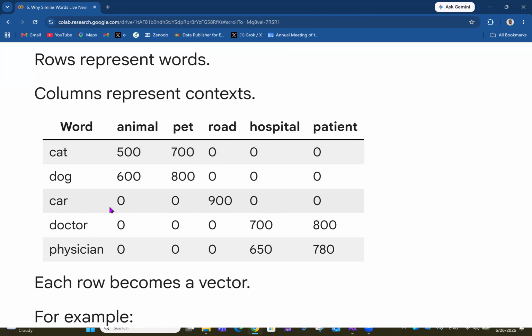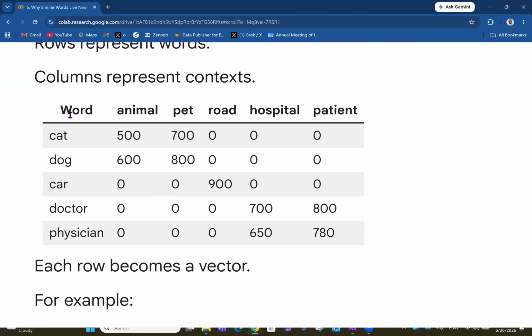Then you have car: not an animal, not a pet, but it can go on the road, with no hospital or patient context. For doctor: no animal, no pet, no road, but you have them in hospitals, attending to patients, and physician is about the same thing. Each row then becomes a vector in those contexts.